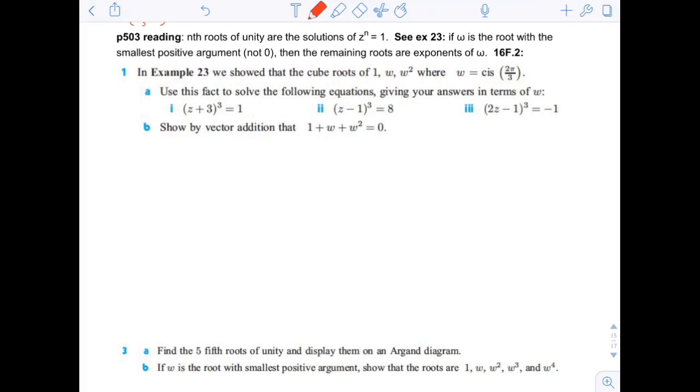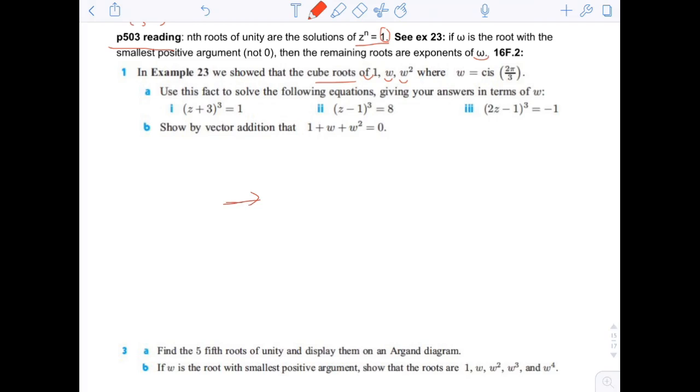So according to the page 503 reading, the nth roots of unity are the solutions of z to the n equals 1. So the unity they're talking about here is the 1. If omega is the root with the smallest possible argument that is not 0, then the remaining roots are exponents of omega. A good example is finding the cube roots of 1.